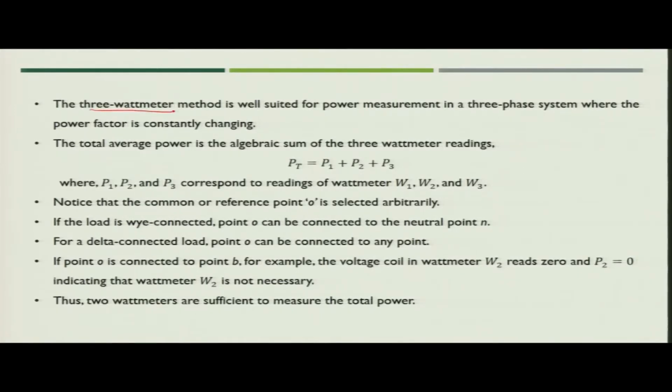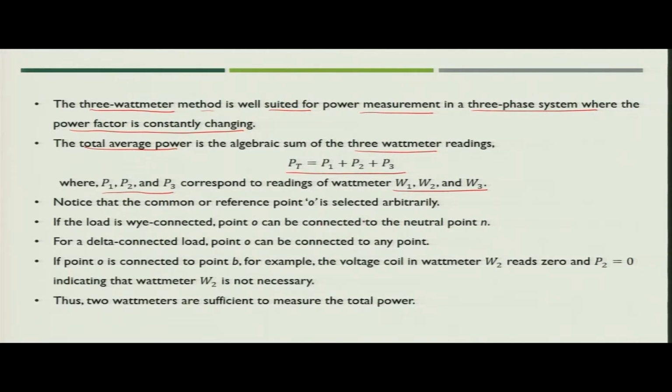Now, this 3 wattmeter method is well suited for power measurement in a 3 phase system where the power factor is constantly changing. So, the total average power in the case of the 3 wattmeter method will be the algebraic sum of the 3 wattmeter readings. So, that is Pt equals P1 plus P2 plus P3, which is the power corresponding to the readings of W1, W2 and W3.